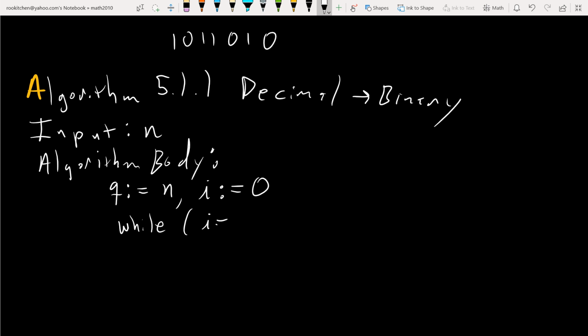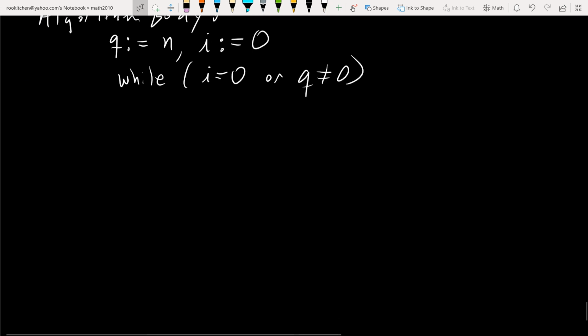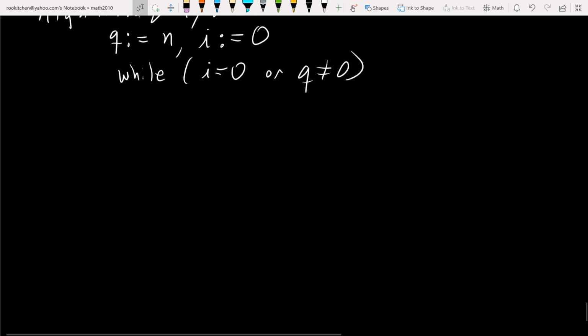While i is 0 or q is not 0, then you execute the code. So while that's true, you will build an array which will contain our binary number. So that will be the q mod 2.